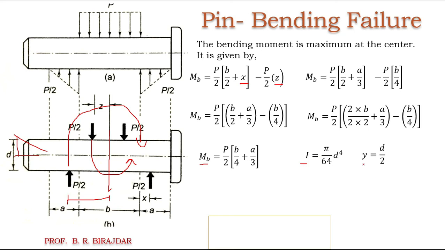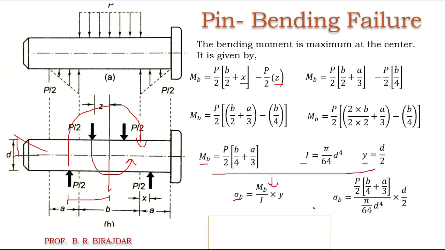Now we can find the bending stress induced in the pin, equal to bending moment divided by moment of inertia into Y. Already we calculated the bending moment, the moment of inertia and Y. We put all these three here, and if you rearrange, the bending stress sigma B is equal to 32 divided by pi d cube into P by 2 into in bracket B by 4 plus A by 3. So this is the bending stress induced in the pin.